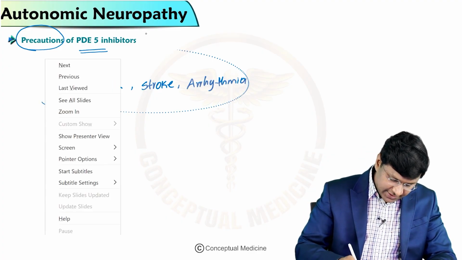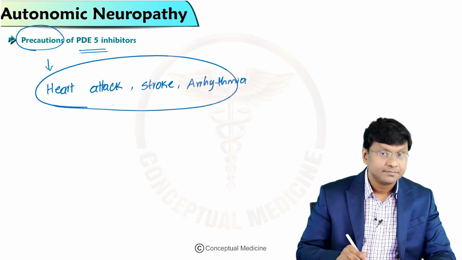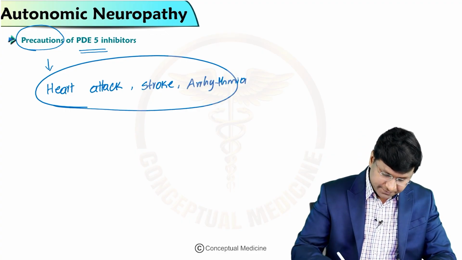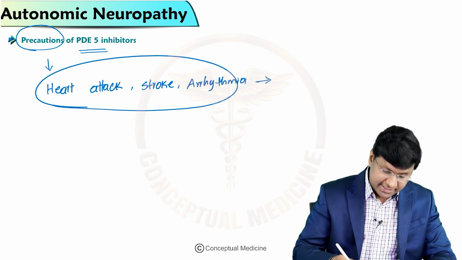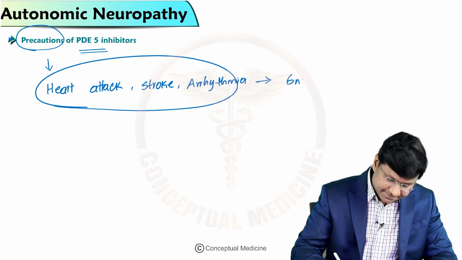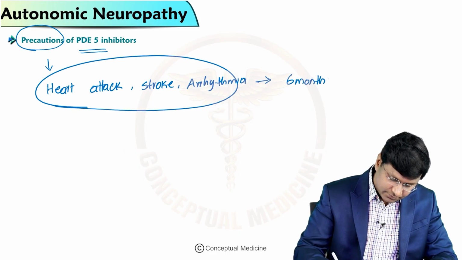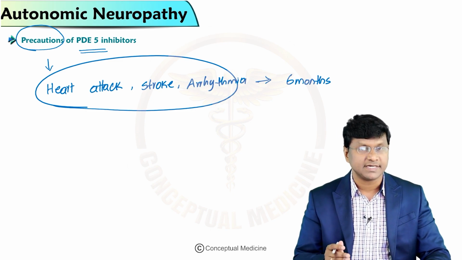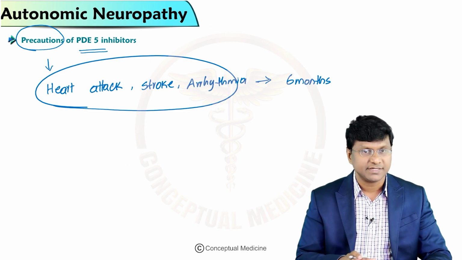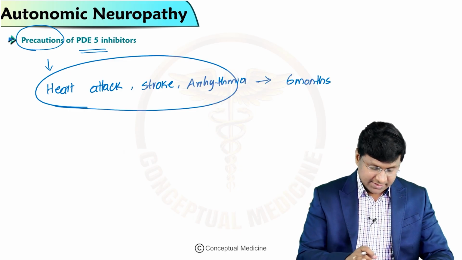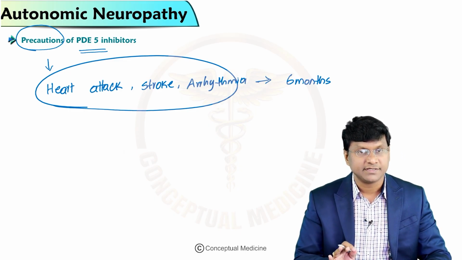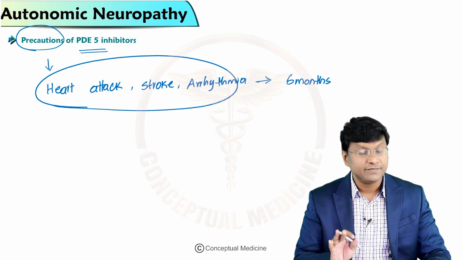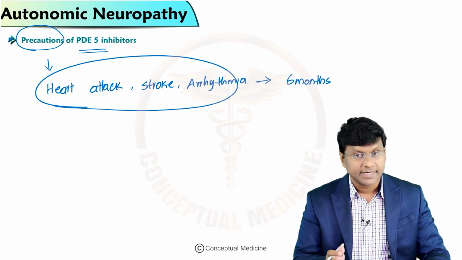If a heart attack, stroke or life-threatening arrhythmia has occurred within the previous 6 months, phosphodiesterase 5 inhibitors should be given with caution.